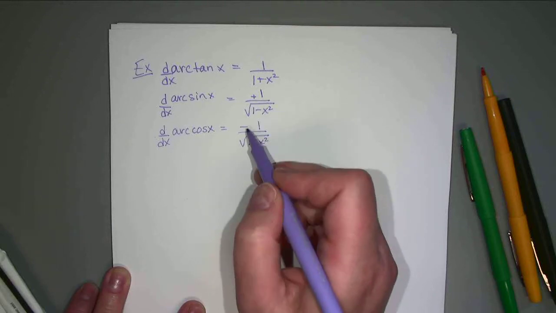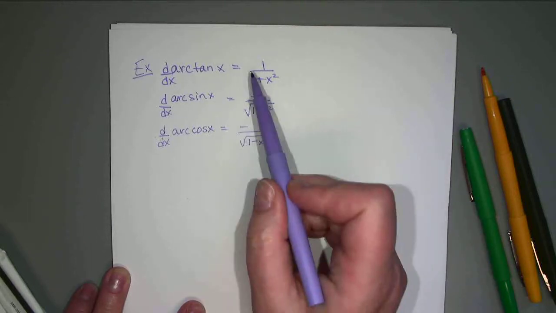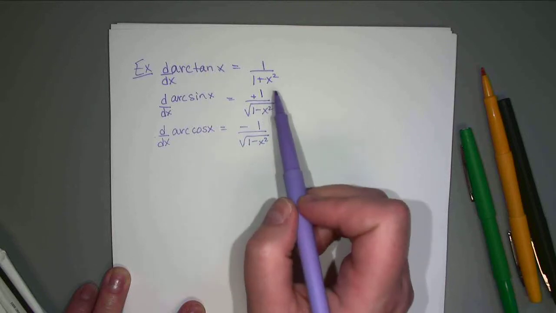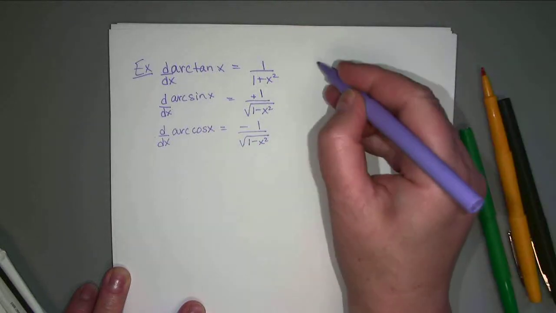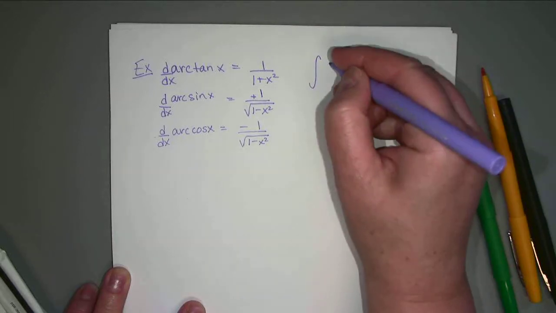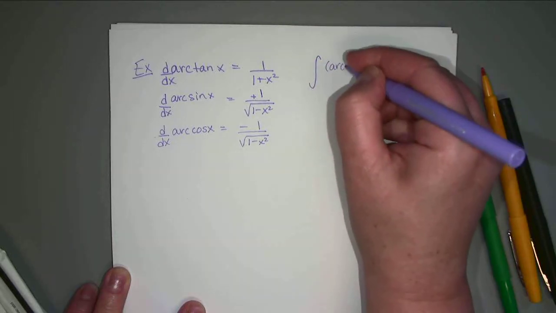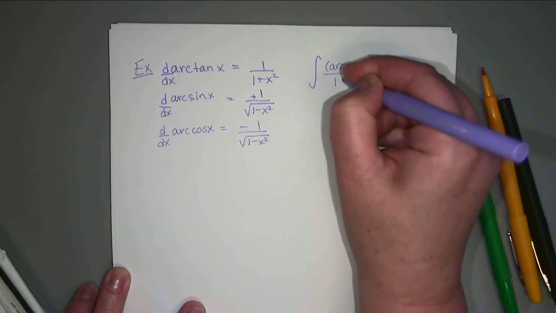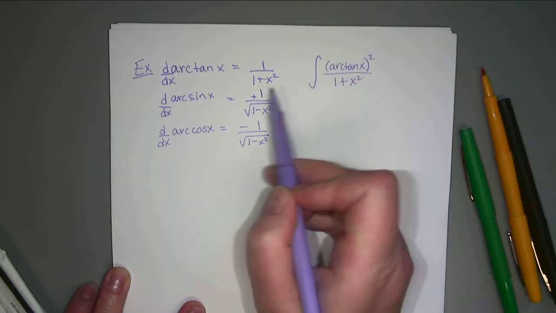One's negative, one's positive. But if any of these were to appear in an integral, like an arctan, it would also have to have this. So in an integral, if we had, say, arctan x all squared, it would have to have the 1 over 1 plus x squared, the derivative of it, in it.